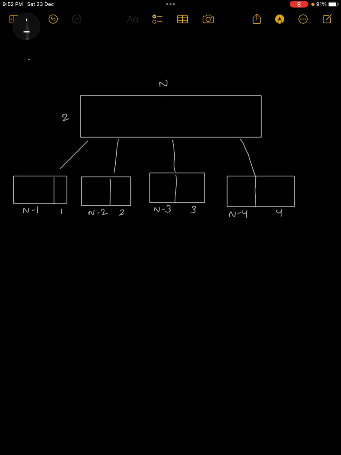Let's say the total number of ways to tile the 2 cross n minus 1 board would be f of n minus 1, and this would be f of n minus 2, and f of n minus 3, f of n minus 4, like that. We don't know the answer, but we are just assuming that somehow we got it.